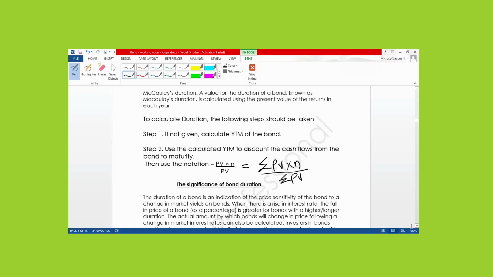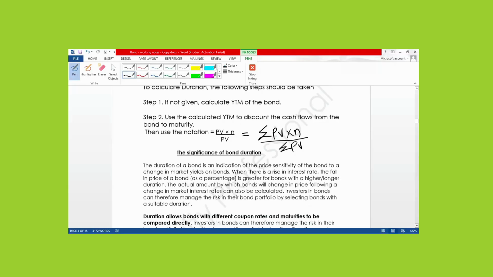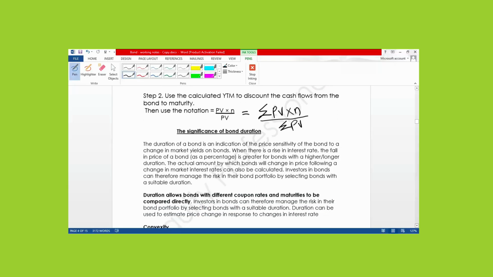Significance of duration. The duration of a bond is an indication of the price sensitivity of the bond to a change in market yield or market interest rates on that bond.